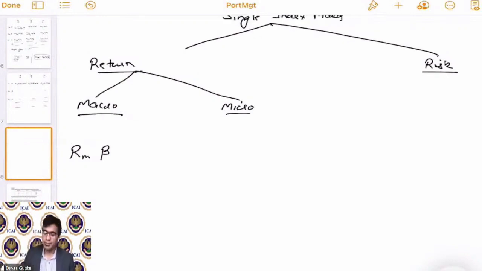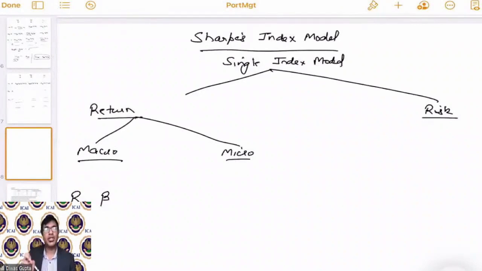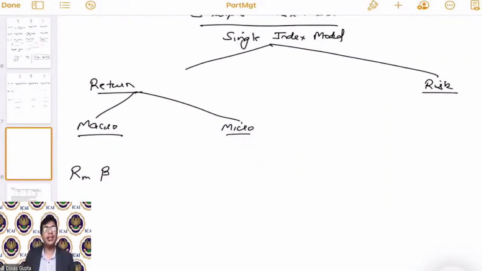So beta is nothing but the relationship between the returns of a security and the returns of the market, which is the sensitivity of returns. So you take the market return as is, multiply it with the beta, to reflect what can be expected out of this security. This is from the macro point of view.